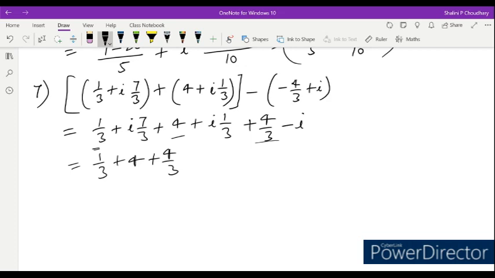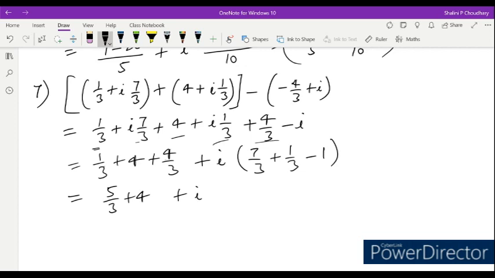Now we'll take imaginary i common, then we'll write 7 upon 3 and plus 1 upon 3 and minus 1. So this will be equal to 1 upon 3 plus 4 upon 3 will be equal to 5 upon 3. So 5 upon 3 plus 4 plus i into 7 plus 1, 8 upon 3 minus 1.